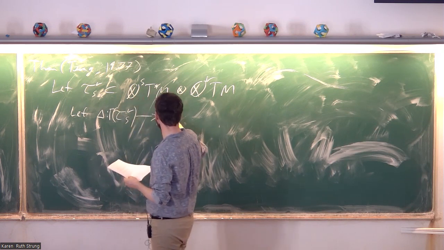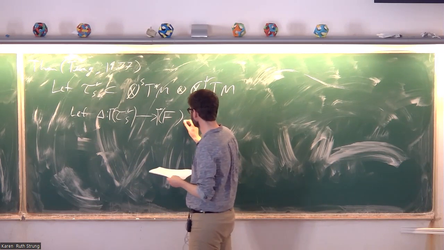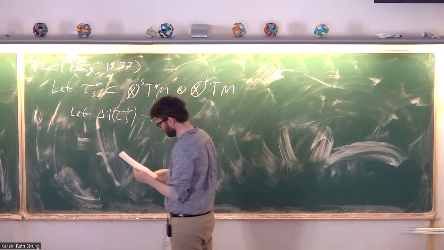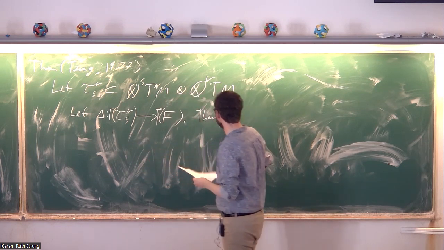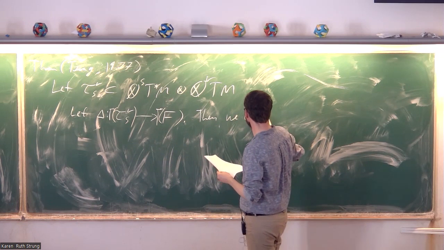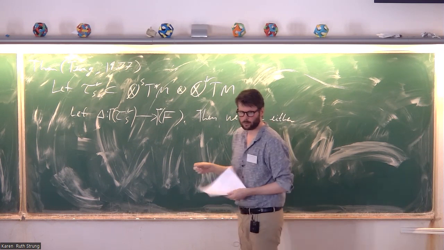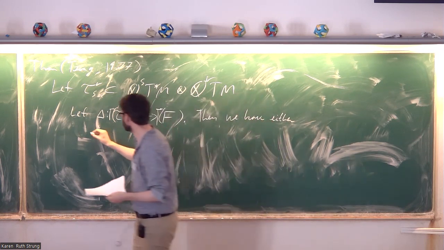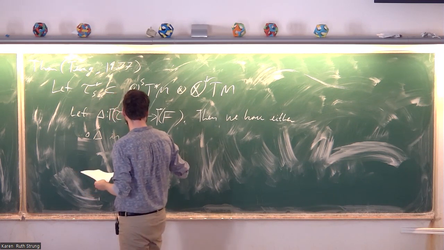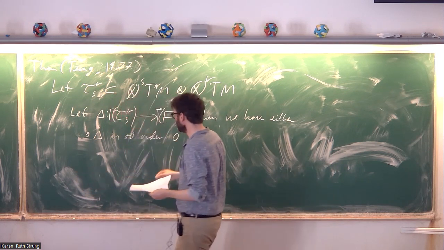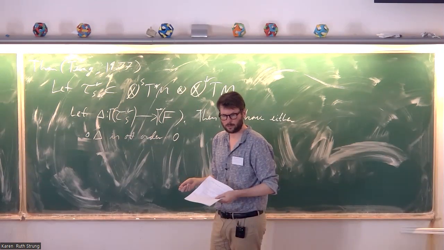Sections, of course. Then we have one of two following cases. Either delta is of order 0, so it's just a C infinity linear map.